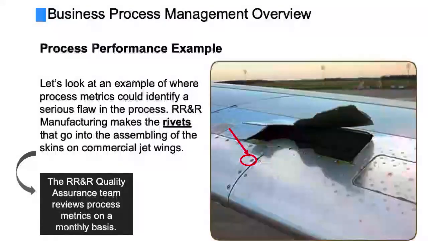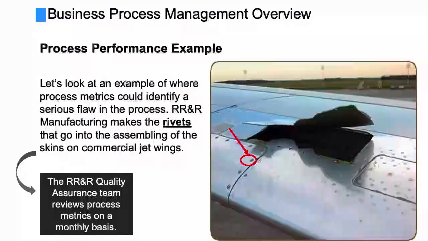But if we take into consideration the quality and the defect rate, if the defect rate is going up, in other words, if I produce 1 million rivets and 2 are defective, that's two opportunities for failure of a skin on a commercial jet wing.